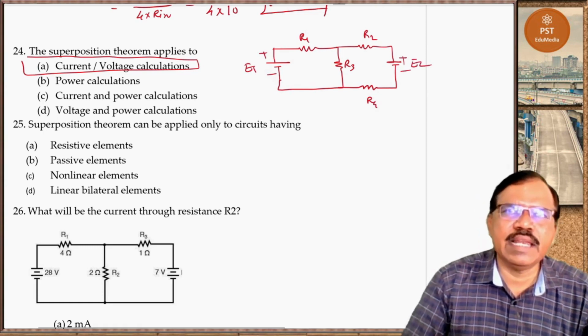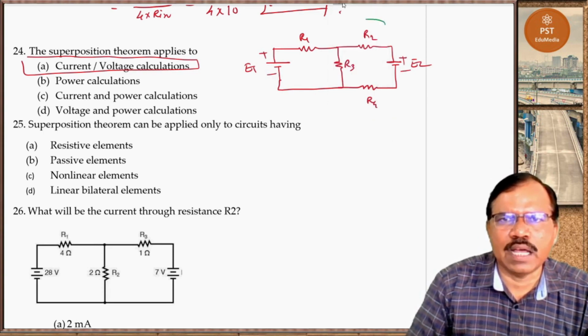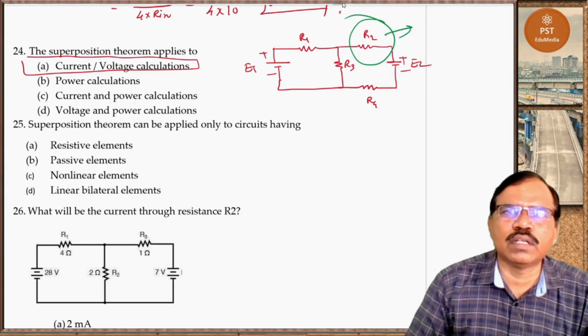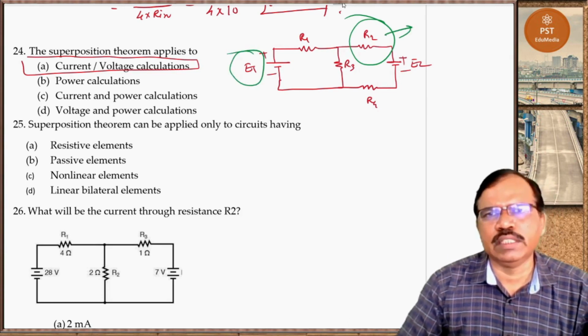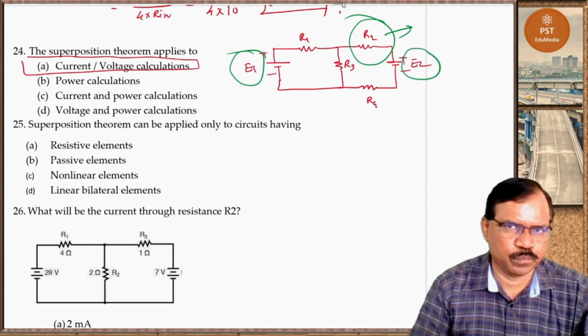So if we take any resistance here, you can take any resistance here, suppose R2. So through R2 current will flow due to E1 as well as due to E2.